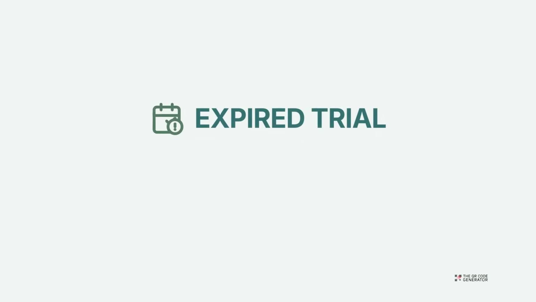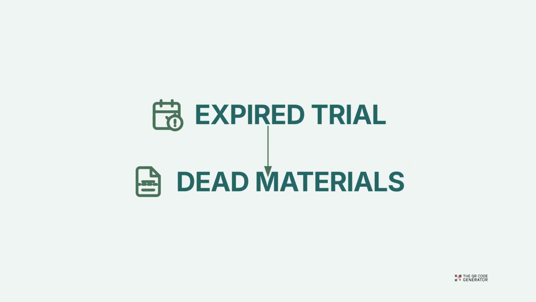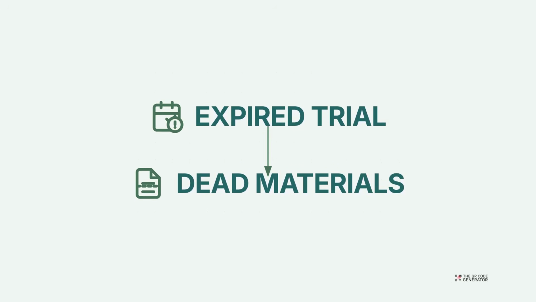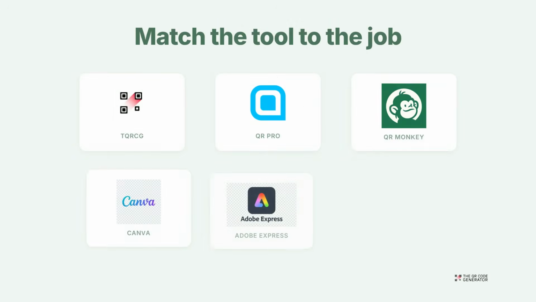To summarize, the problem is simple: using the wrong category of tool for a QR code that was always meant to be permanent, and either assuming it needs a subscription or trusting a free trial that quietly expires and takes your printed materials down with it. The solution is matching the tool to the job.